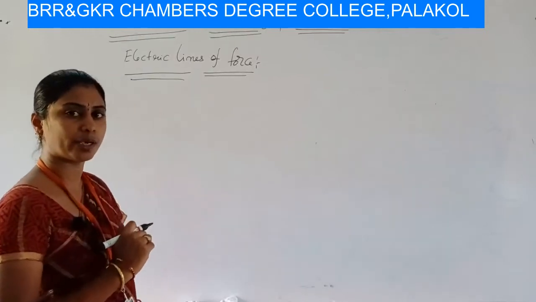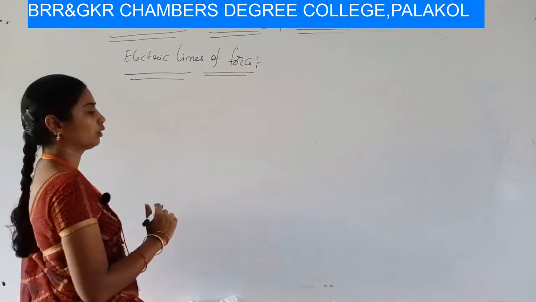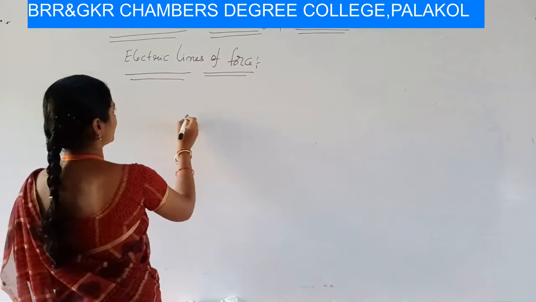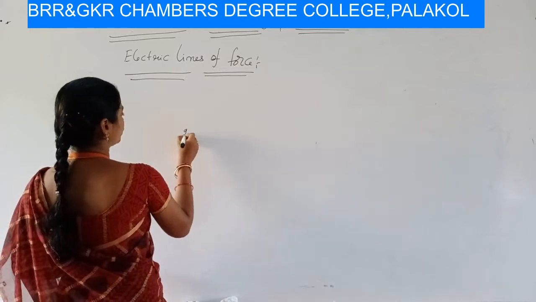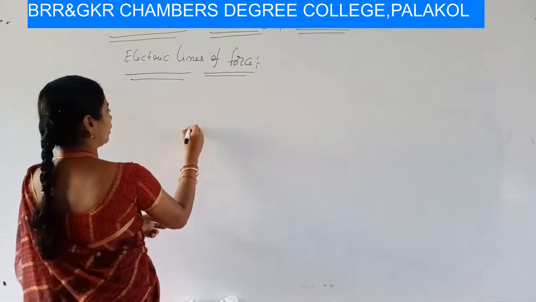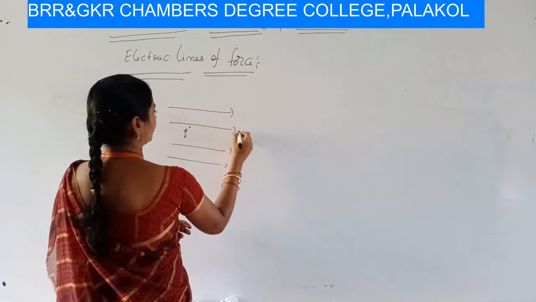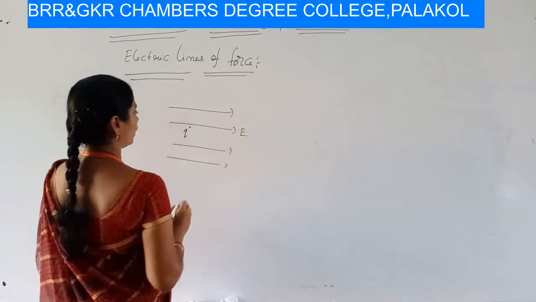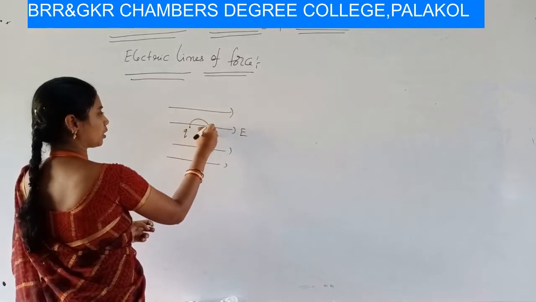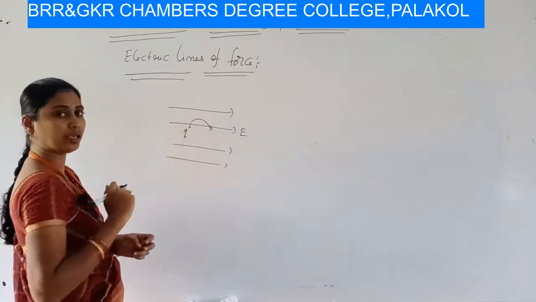The path followed by this unit positive test charge is said to be electric lines of force. Okay, this is actually an imaginary concept. So we consider a unit positive test charge placed in an electric field. Then the path followed by this unit positive charge in this electric field is said to be electric lines of force.